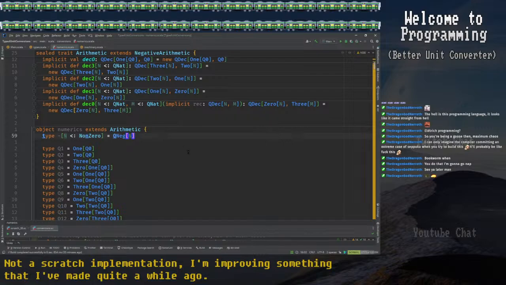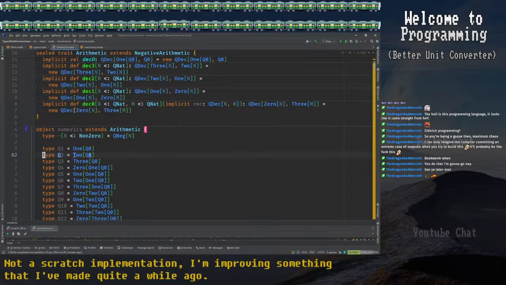Let me just quickly test something. Oh my God, it actually worked. I was not expecting this to actually work the first try.